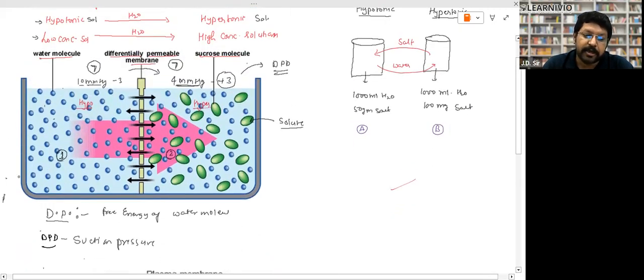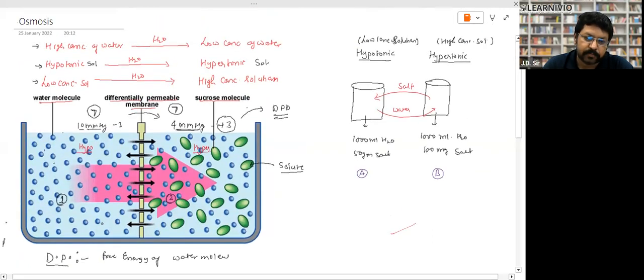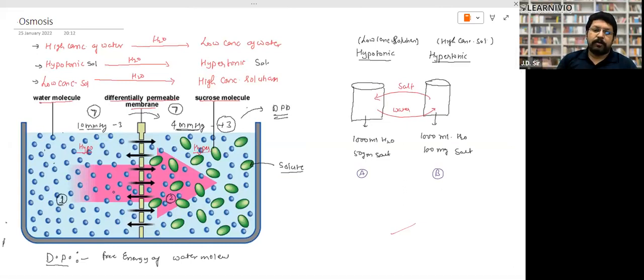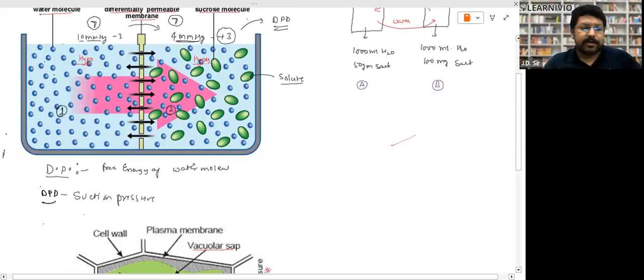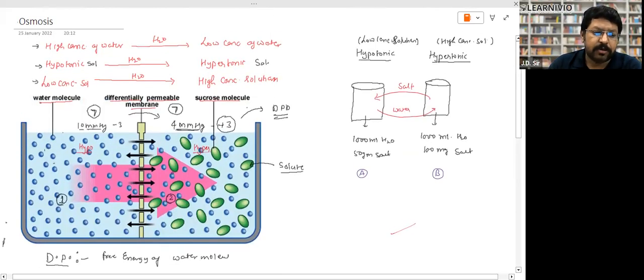Now, what is the DPD? Diffusion pressure deficit. Very important, try to understand. So, what is the diffusion pressure? Suppose these water molecules are passing through this membrane.